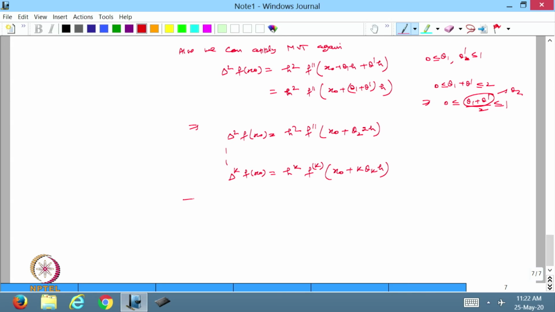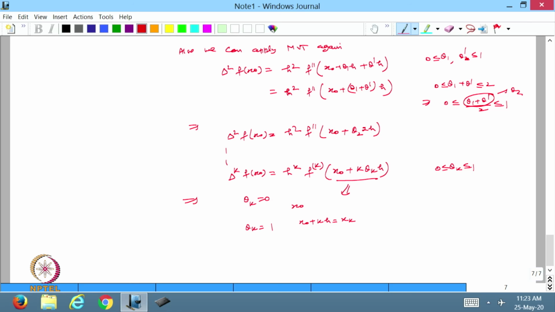Now, this theta k I know lies between 0 and 1. When theta k is 0, this value will be x naught. When theta k is 1, this value will be x naught plus k h. So, this is k times I am forwarding, so this is x k.